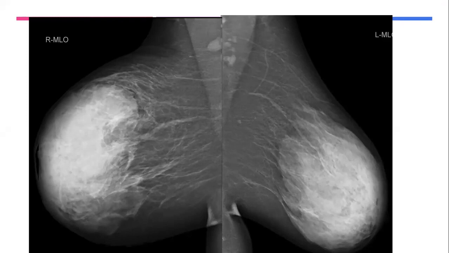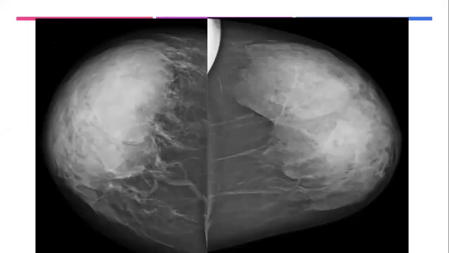You picked the abnormality in the right breast. This is a CC view. Now, yes, there is an added density or asymmetry, but also there is architectural distortion involving the posterior aspect.